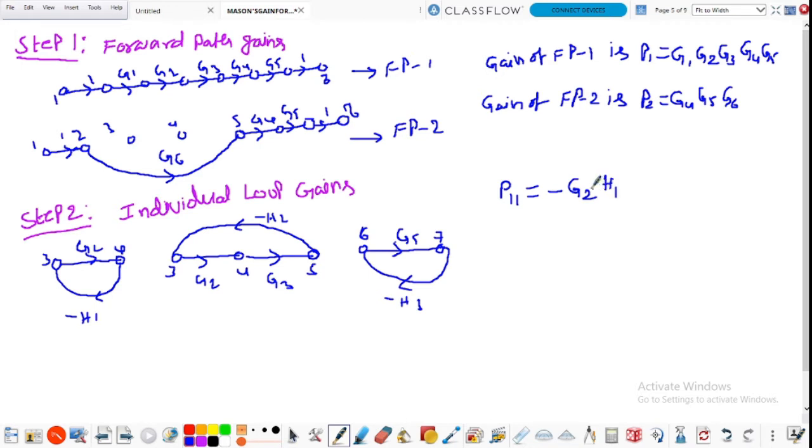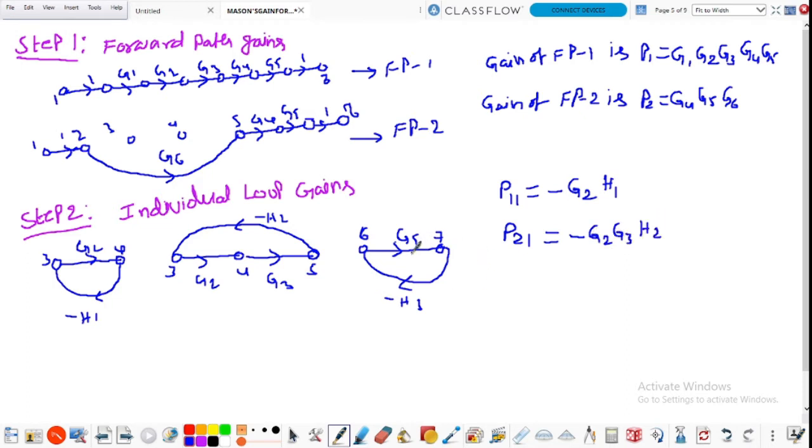The second individual loop gain is represented as P21, and this is the second individual loop. The gain of this loop is the product of the branch transmittances, that is G2 into G3 into minus H2, minus G2 G3 H2.